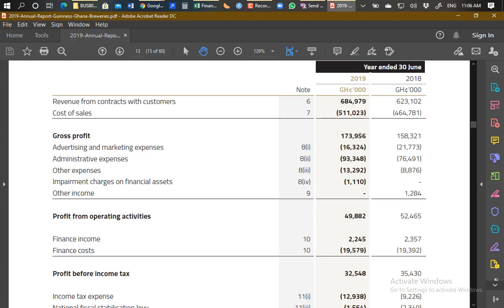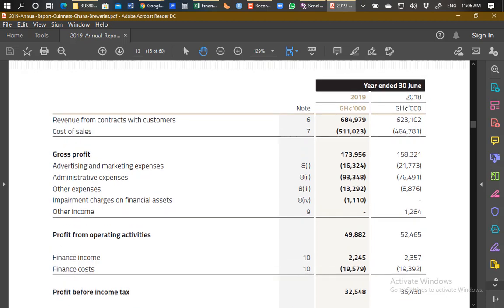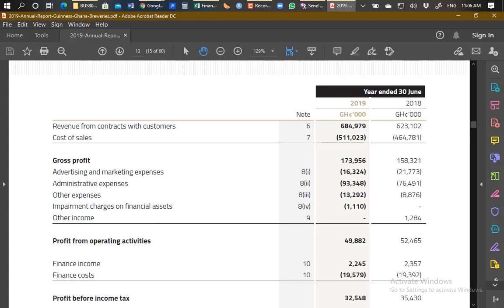Some other costs may be generated, but they may not be too close to the product to form the product costing. So the cost of sale you see here is the cost that goes into the valuation of the product. Let's talk about just one product. Let's assume Guinness deals with one product, which is the Guinness beverage.